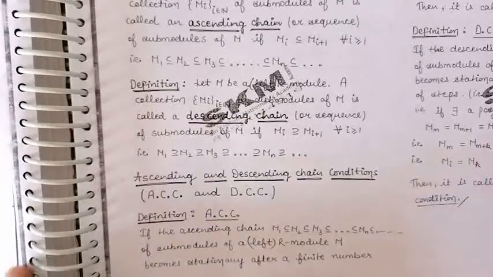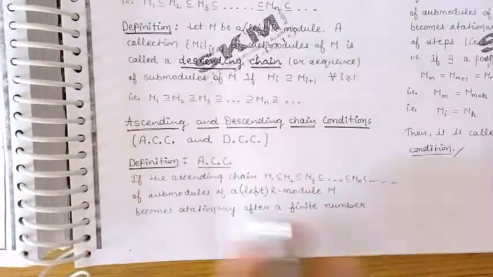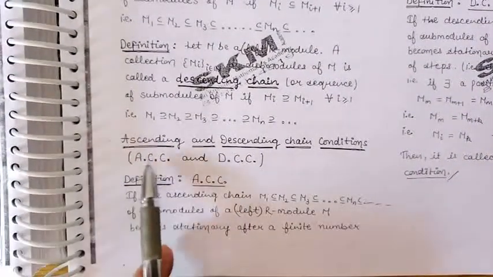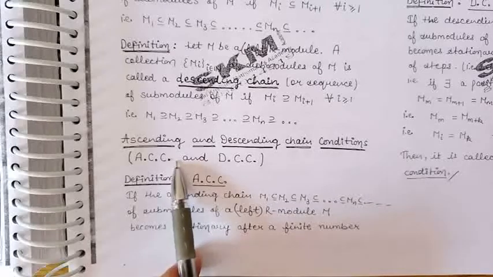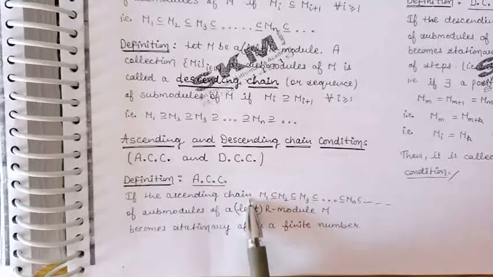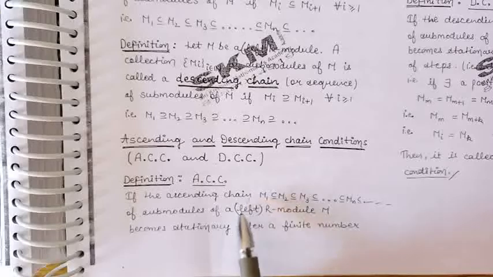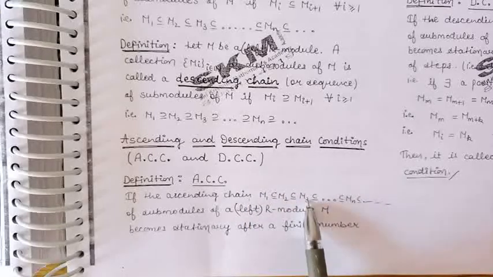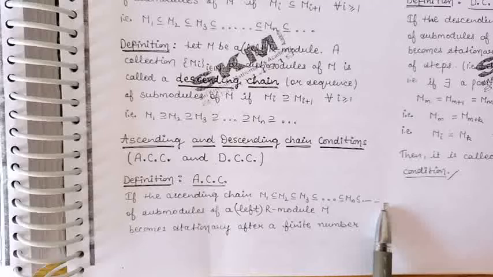Now, next we define the ascending chain condition. It is denoted by A.C.C. We discussed an ascending chain of submodules of M. It means M1 is contained in M2, M2 is contained in M3, and so on.